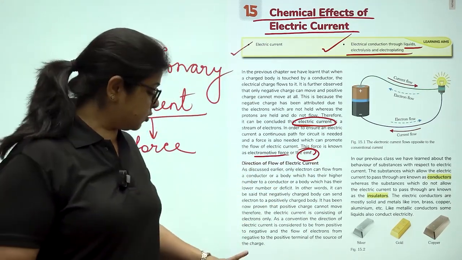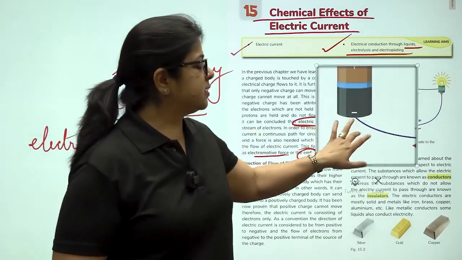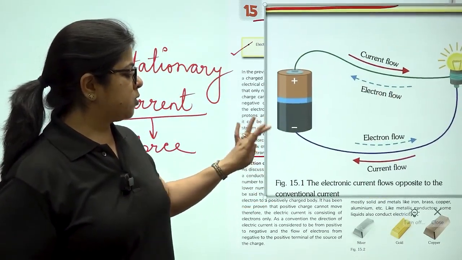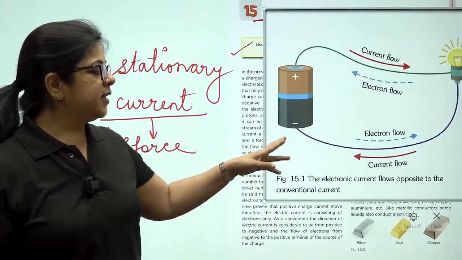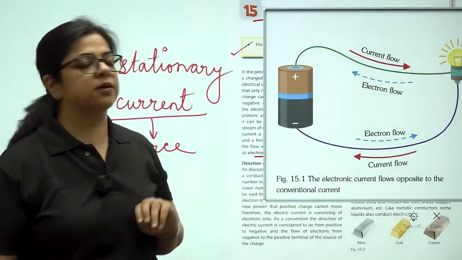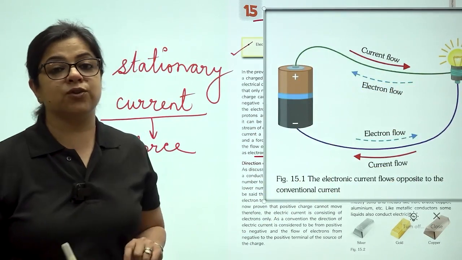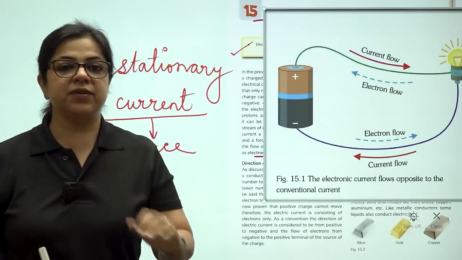Now it is interesting to note the direction of current. In our junior classes, we have learned that electric current flows from positive to negative. So as you can see, the direction of current is from the positive terminal to the negative terminal. Now what is important here is the flow of electrons. What are electrons charged as? They are negatively charged.